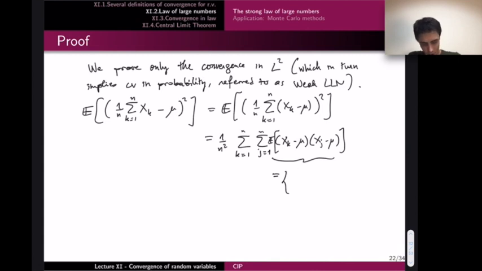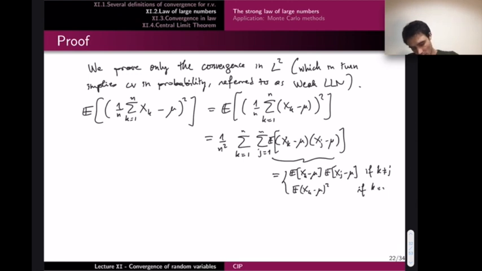This is equal to the product of the expectations, so the expectation of xk minus mu times the expectation of xj minus mu if k is different from j, and this is equal to, of course, the expectation of xk minus mu squared if k equals j.